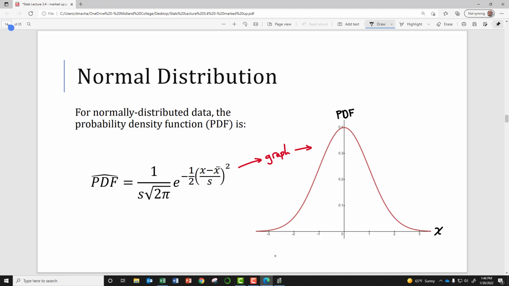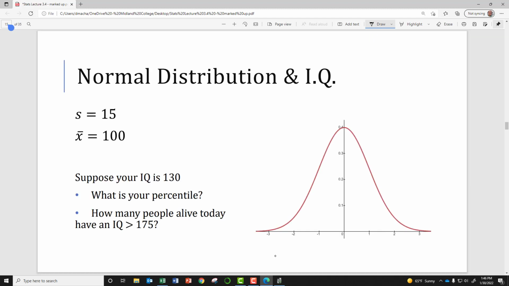This is what that graph looks like. Specifically, this is a graph for when the mean is 0 and the standard deviation is 1. But anyways, this curve in red is what it looks like if you get into Desmos.com and you plot this just as you see it.